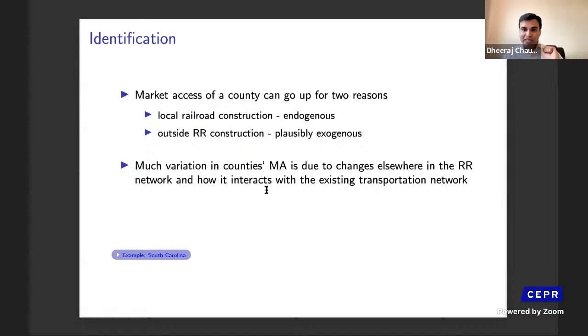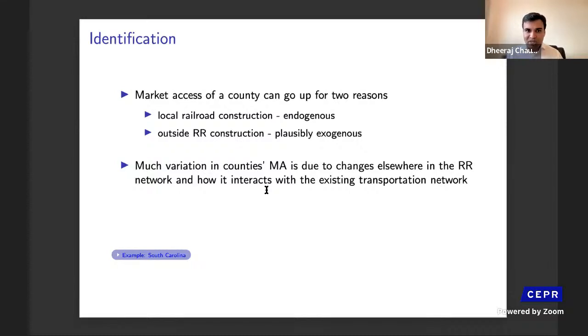You can imagine construction of railroads outside the county, and the county benefits through its position in the existing transportation network. To give you an example, take the construction of the transcontinental railroad, which has nothing to do with any county's local economic conditions in New York or Maryland, but the market access for these counties will also go up because producers in these counties can now export their goods to the entire Western market.